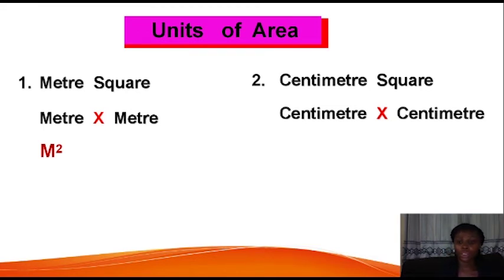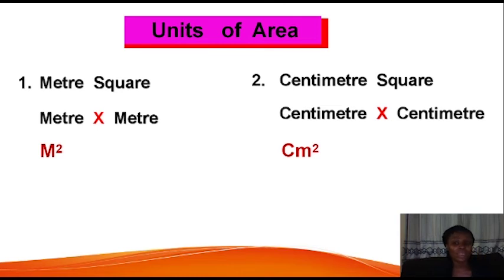Now, it also has a symbol. The symbol is cm square. The letters c and m stand for centimeter, and that small 2 hanging by the side stands for square. It's telling us that we multiply 2 centimeters to give us that.